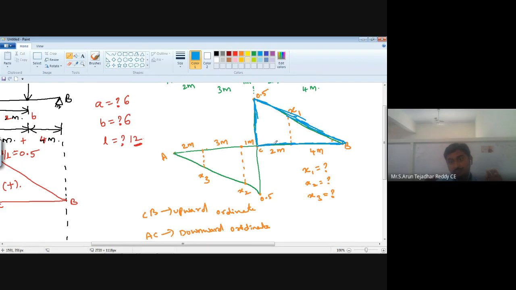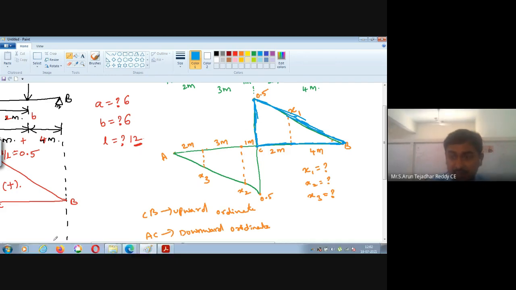Okay. Now from the similar triangle concept, the first bigger triangle is C, 0.5 and B. So this is one triangle.